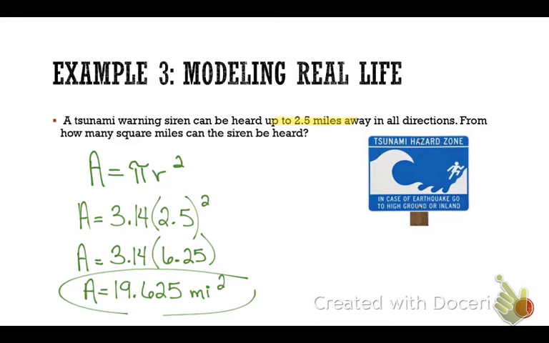So if I'm the person, I would rather have an overlap and round down to 19 than round up to 20 and say, oh, well, within 20 square miles. No, I mean, if this is accurate, within 19.625 miles. Okay, so that's why, again, when it's modeling real life, we've got to think what would be the best decision, not necessarily following the rules of rounding, right? When lives are at stake, okay?